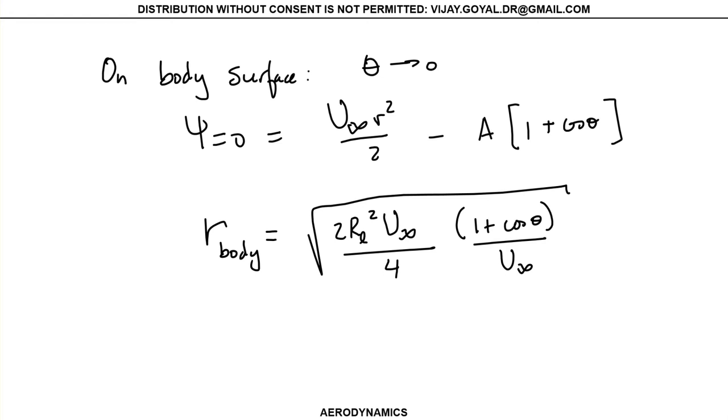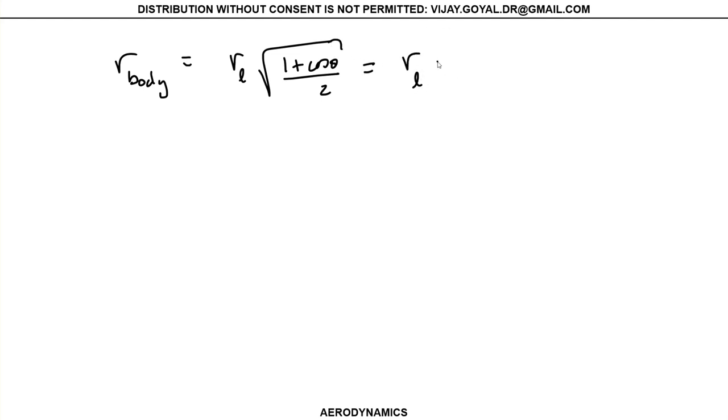Given that, now we can go ahead and do some simplifications. We find that our body is actually the same thing as RL, 1 plus cosine of theta divided by 2. Using trigonometry, you can show that this actually gives you cosine theta over 2. Your R is nothing else than RL squared cosine squared theta over 2.